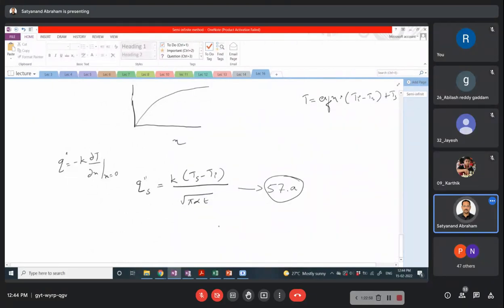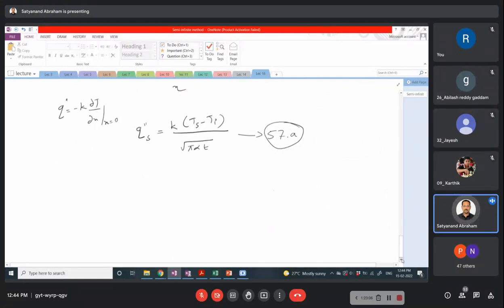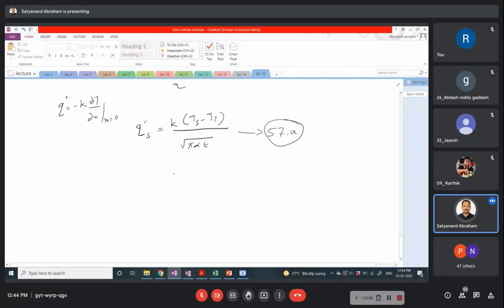We can also have a constant convective surface boundary condition. So we are not going to derive that, but the methodology is going to be the same. You can go with a similar self-similarity solution, because the temperature profile within is going to be self-similar.